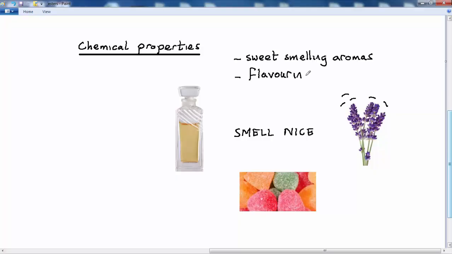So not only do some of them smell nice, but they also taste nice. Okay, so you're going to find esters used as flavorings for sweets, and in drinks they're what give various alcoholic drinks their characteristic smell and taste. Okay, so chemical properties: smell nice, sweet smelling aromas, used as flavorings.